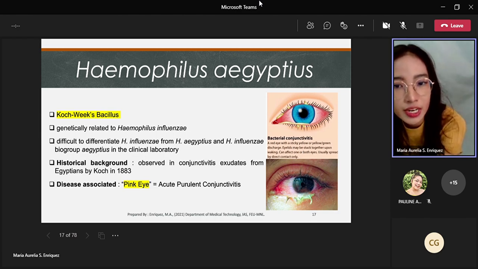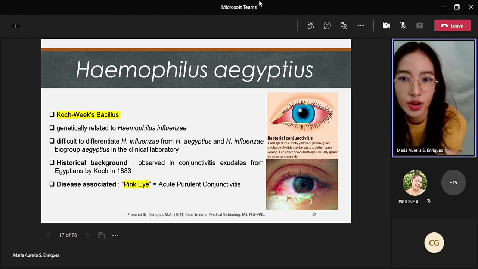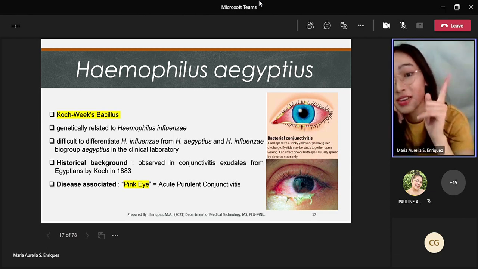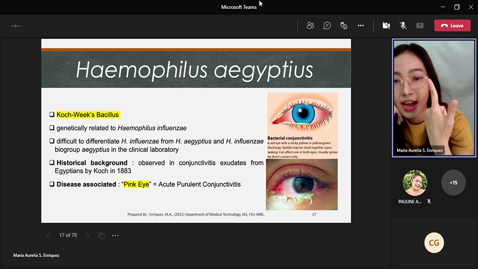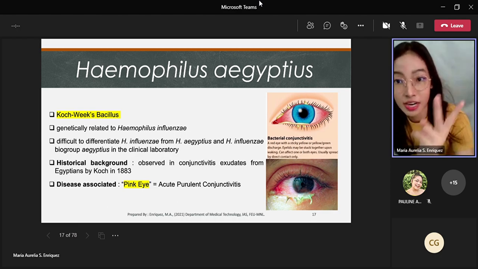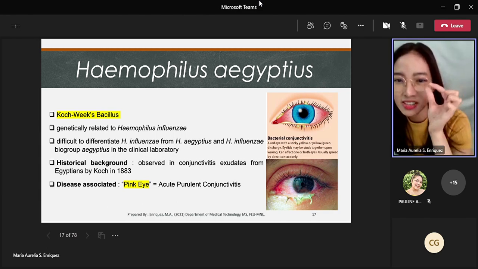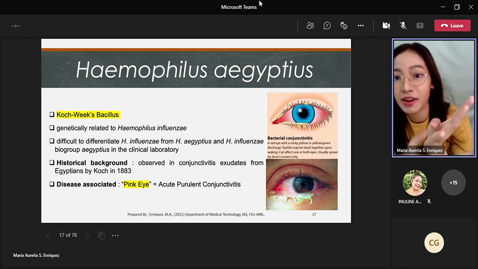Okay, so acute purulent conjunctivitis is more commonly known as pink eye because of how pinkish the small blood vessels in the conjunctiva appear when they are inflamed, as you can see here in the photos to the right. So according to the Centers for Disease Control and Prevention, the symptoms of pink eye would include pinkish or reddish discoloration of the sclera of the eyes, increased tear production, a constant feeling of a foreign body stuck within the eyes, and obviously itching, irritation, and burning.